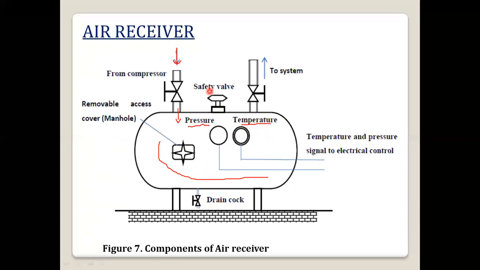Then the safety valve. Safety valve is nothing but the pressure relief valve. Then the manhole is there. The manhole is a removable access cover for easy maintenance. A drain cock is provided here for the condensates, the liquid condensate in water vapor form, which will be passed through this drain valve.